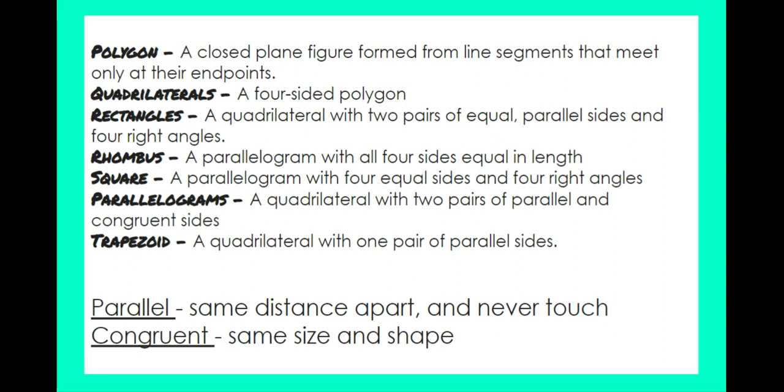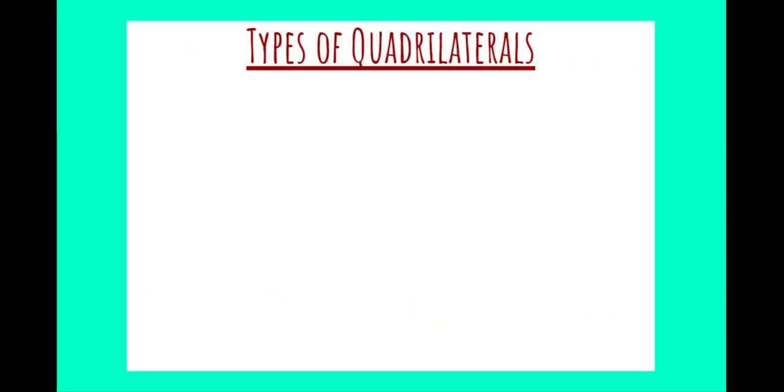As mentioned before, but I definitely want to say it again, please feel free to pause this video at any point so you can jot down information and answer questions, but definitely go back to get a better understanding of this material. We also talk about parallel and congruent lines. Parallel basically means the same distance apart and they never touch, and congruent basically means the same size and shape.